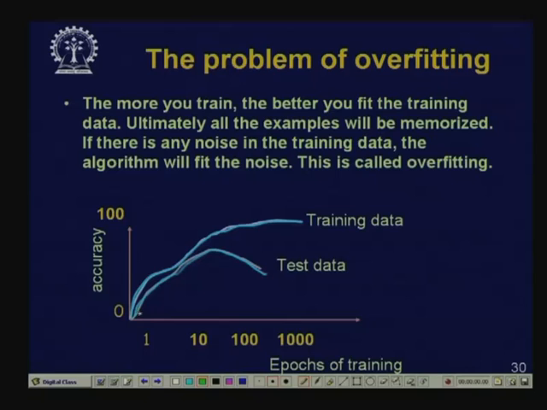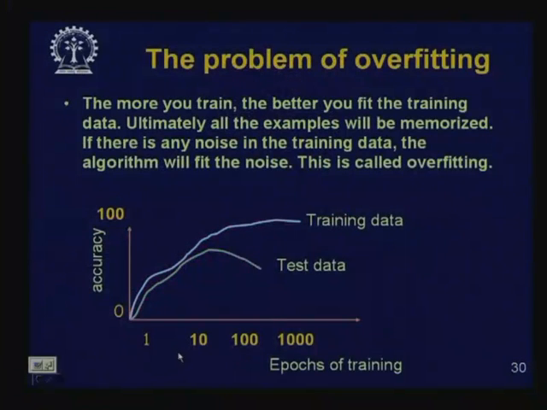This is a common phenomenon that you can observe: as you train more and more, as your algorithm is tuned more and more, the accuracy on the training set may go on increasing, but after a point the accuracy on the test set may decrease. This is a typical behavior that you might notice with many learning algorithms.